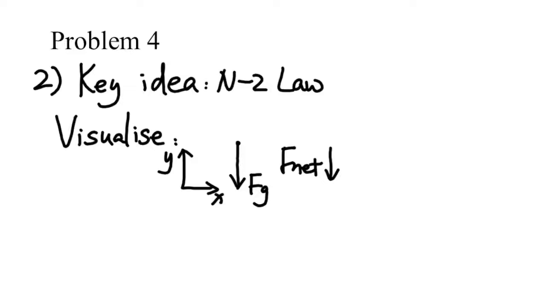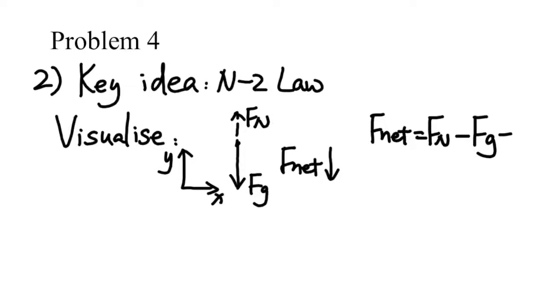So for this one, if we assume the normal force is in the positive y direction, then we have F net equals normal force minus gravitational force equals ma. And because the person is in free fall, we know that a equals negative g.